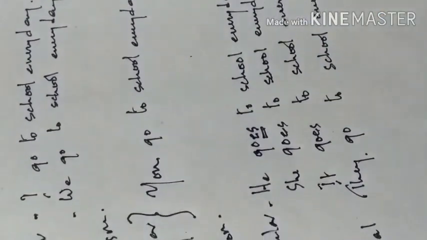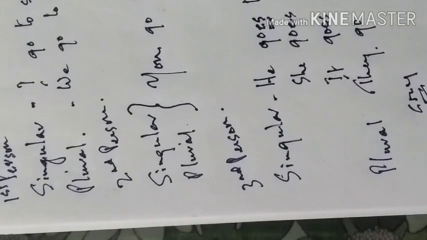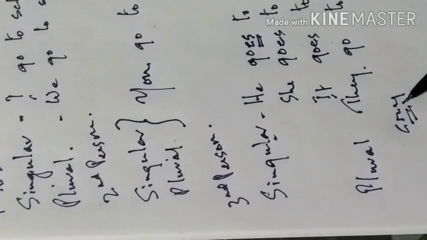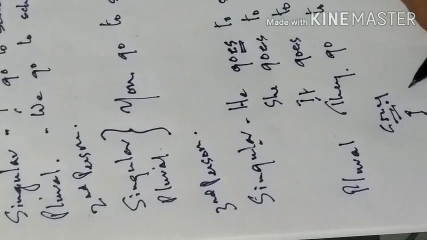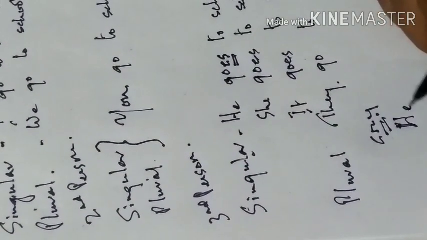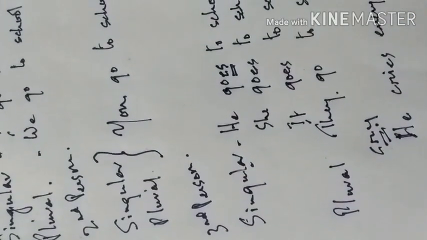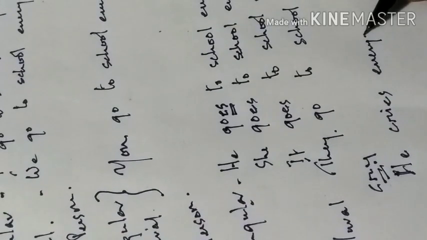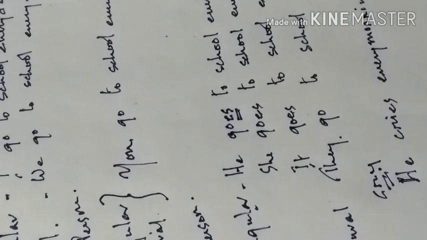Now some other examples of verbs which must undergo changes are like cry. If I were to make a sentence in the third person singular using the verb cry, I must make it like this. He cries every morning.